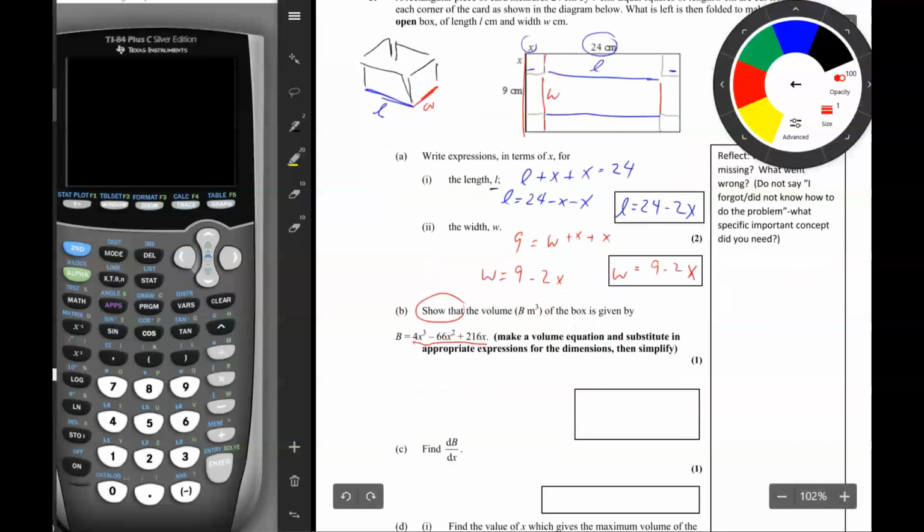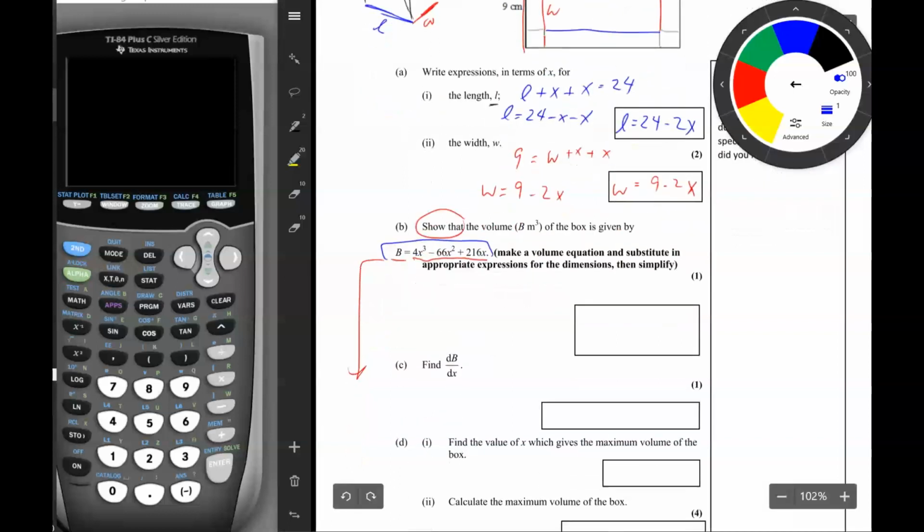So the fact that they said show that B equals that means that from this point on, you can use this expression for parts C and D, even if you can't do part B, which is quite challenging. Okay, so let's pretend that we could not do part B. And let's say, okay, well, I couldn't do part B, but it says to show that this is true, and I'm going to use this result for my next step.